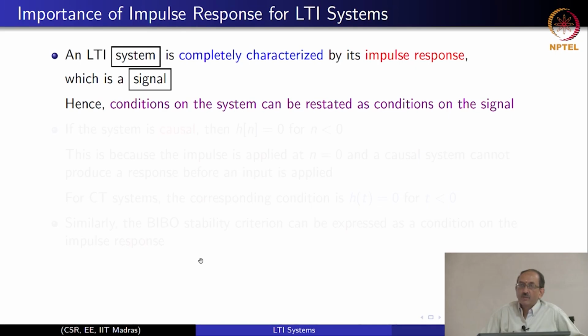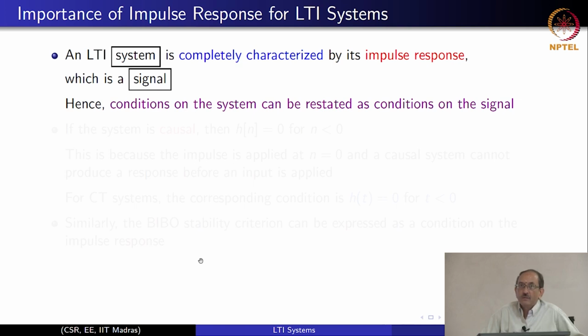Say you have a continuous time case, you have an RLC circuit. What is it about the system you are assuming when you talk about the impulse response of a given RLC circuit? Very good. No initial conditions, right. Similarly, for a discrete time system also, we are assuming all initial conditions are 0.